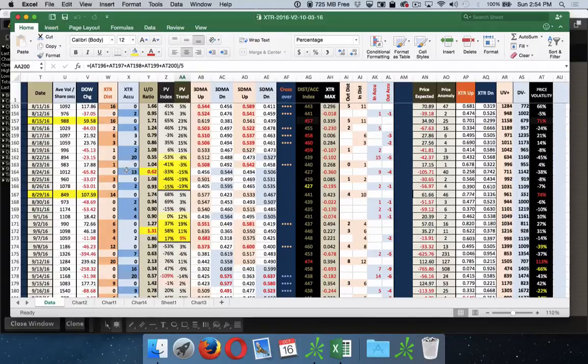But at these levels, they're at least covering their shorts and buying back the stock they were short. It still doesn't give us an indication that there's a tremendous amount of buying here, but it does give us an indication that maybe the market will stop declining, and that was on the 24th.